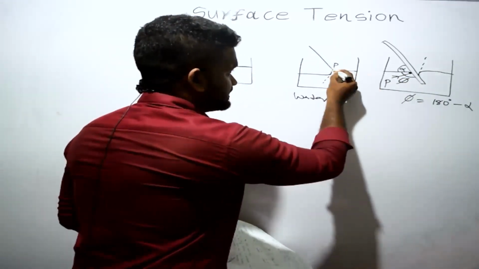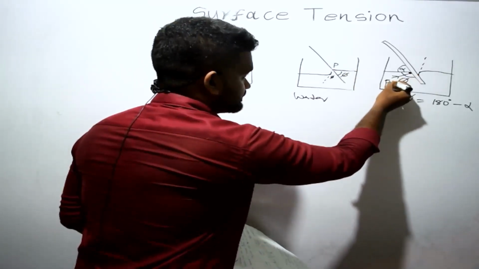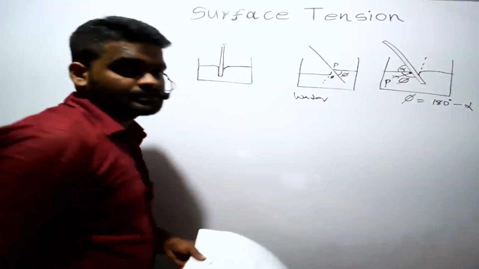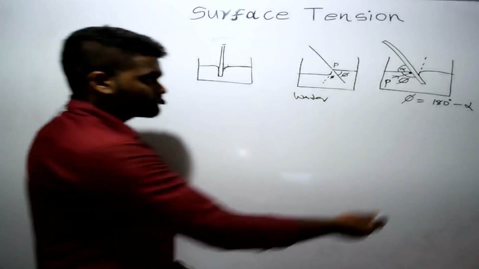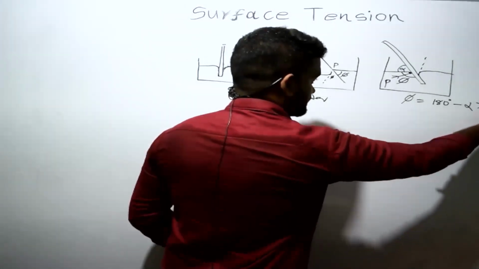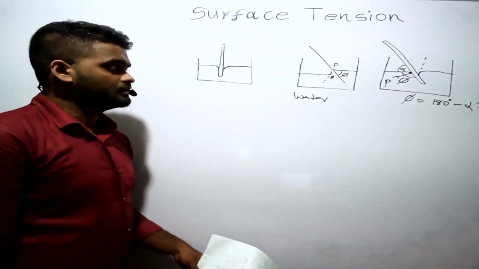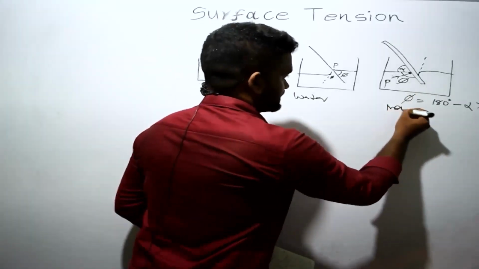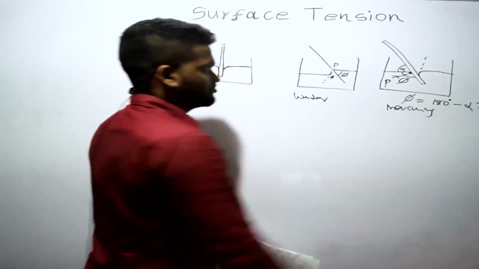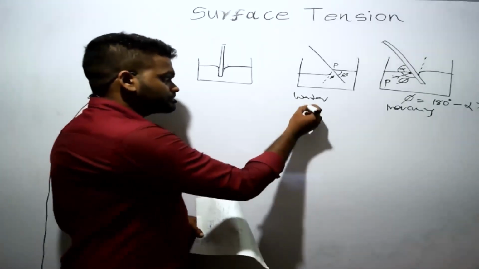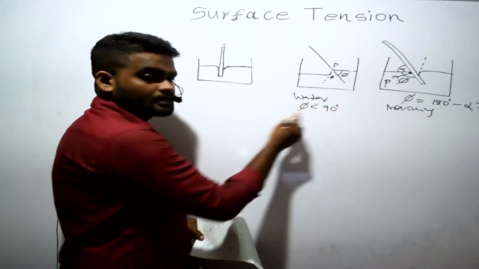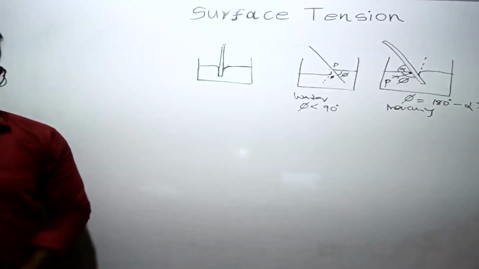Here the P point is here. The opposite side, right? Draw that. This is mercury. Below that you have to write mercury. If you have drawn this and written them, thumbs up.